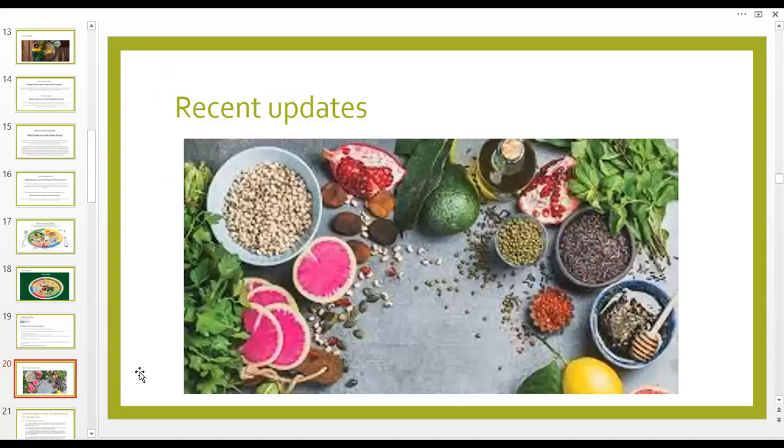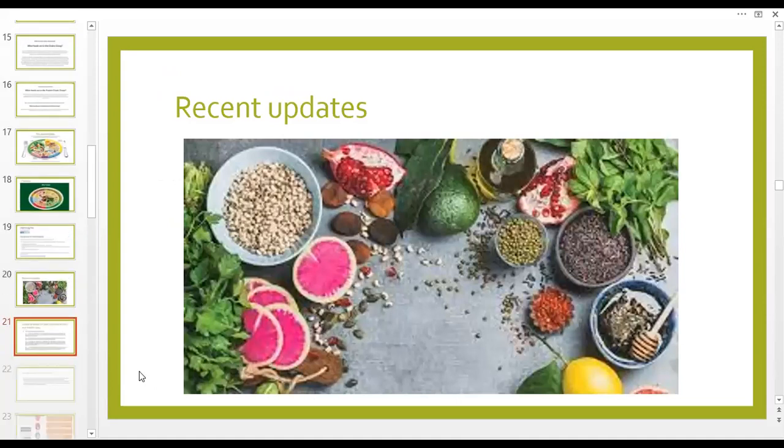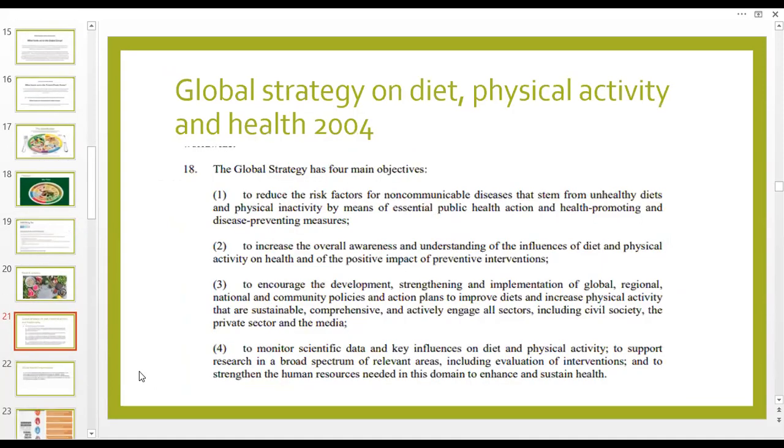Now comes the recent updates. WHO launched a global strategy on diet, physical activity, and health in 2004. For balanced diet, the global strategy has four main objectives: to reduce the risk of non-communicable diseases that stem from unhealthy diets and physical inactivity by means of essential public health action and health promoting and disease preventing measures.